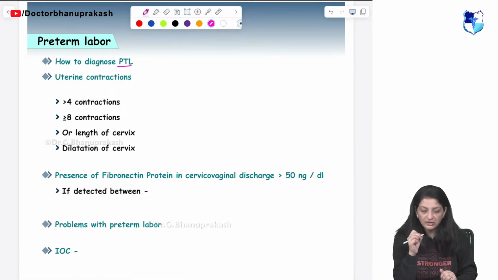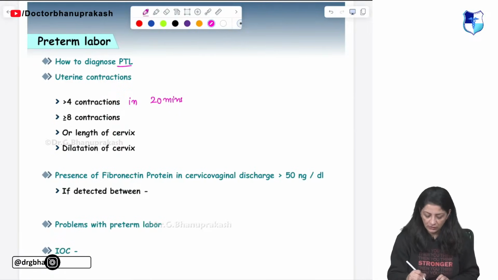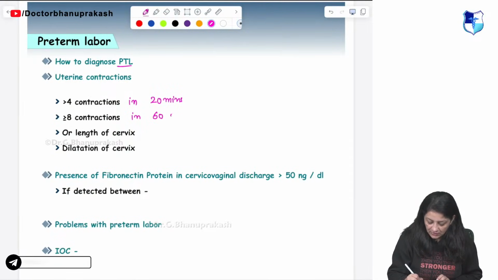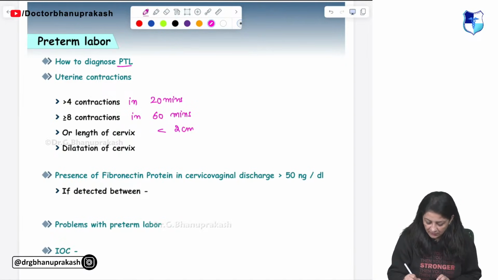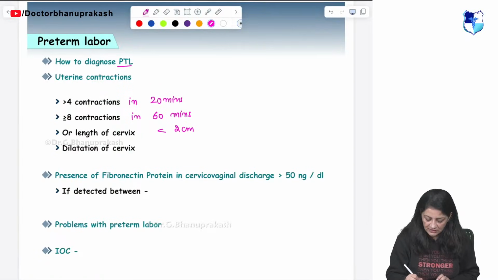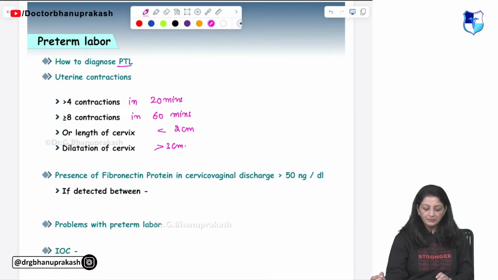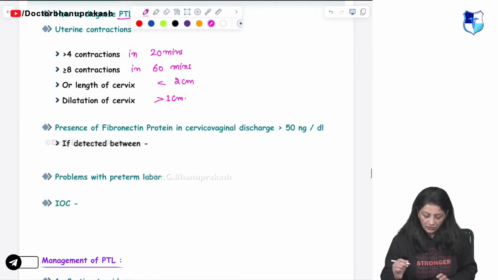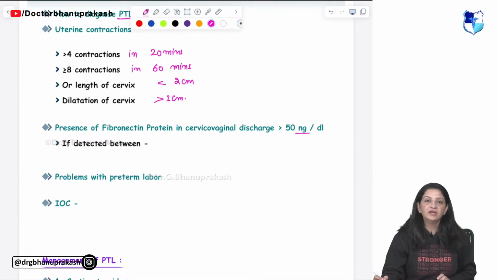If there are more than 4 contractions in 20 minutes, or more than or equal to 8 contractions in 60 minutes, length of the cervix less than 2 centimeter, and the dilatation of the cervix is more than 3 centimeter, this is a diagnosis of preterm labor.